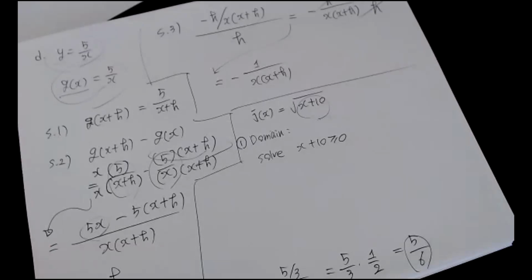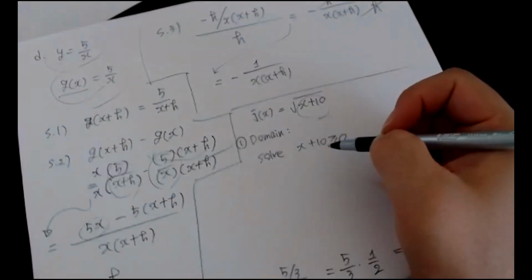In chapter 2, the domain and range must be on the set of real numbers, so we don't deal with the domain and range beyond the set of real numbers. So x plus 10 must be greater than or equal to 0.